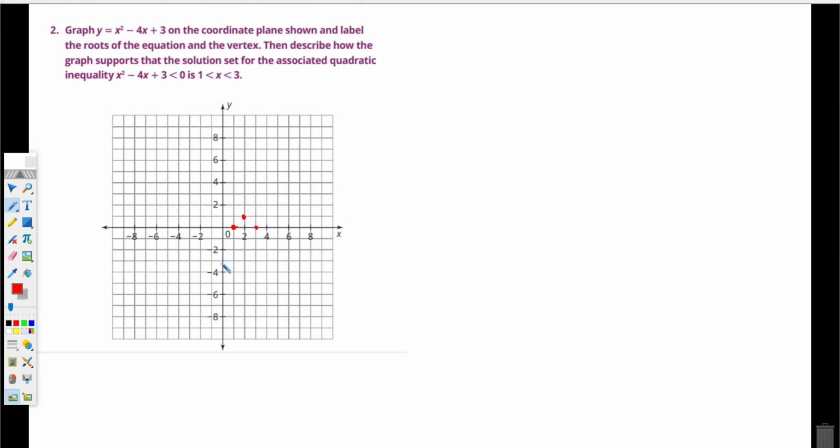And our y-intercept, oops, I went the wrong way, was at 3. So our graph looks something like this. How the graph supports the solution? Well, that's everything that's shaded below. And that's how it supports the solution.